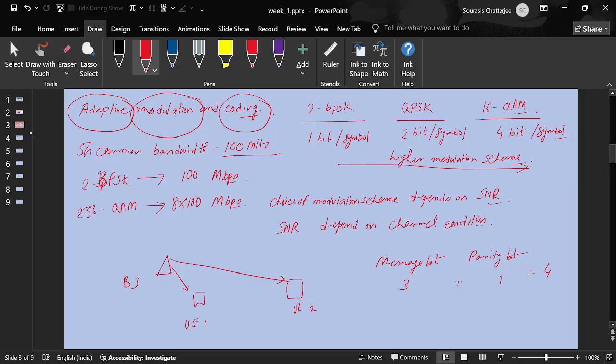Then 3 by 4 into 2, so it's 1.5 bps per hertz. Even if I am transmitting 4 bits, one of them is redundant. So effectively I am transmitting 3 bits of information, and the spectral efficiency comes out to be 1.5 bps per hertz.